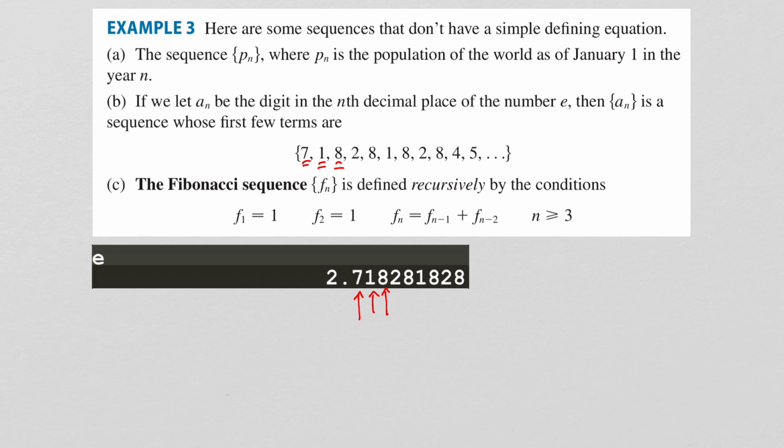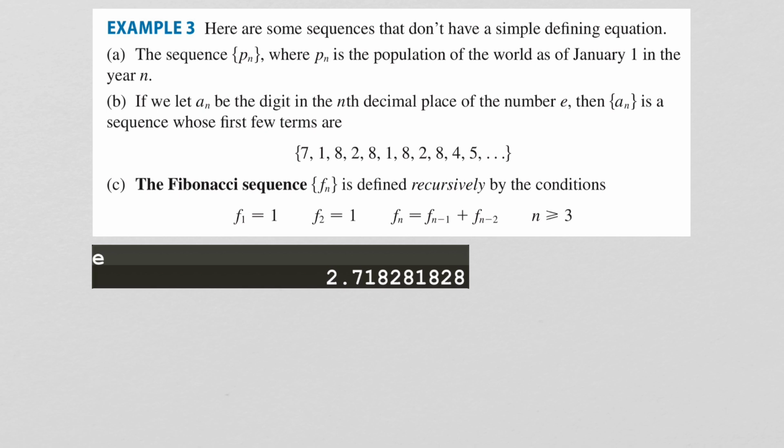So if you had a computer that would give you many decimal places of e, you could determine the next several digits, but without that, it's kind of hard to know what the next number is going to be in that decimal expansion. However, it is a well-defined sequence.